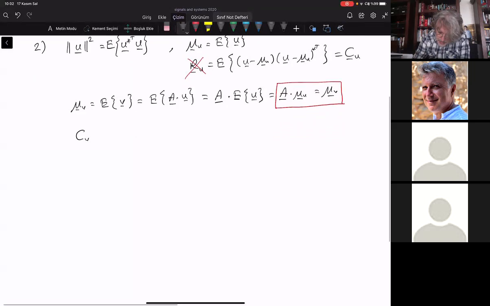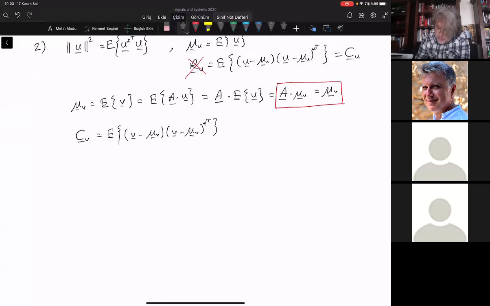So CV, the autocovariance of V, what is that equal to? It is the expected value of, this is going to be a little bit long, but nevertheless it's going to work out, V minus mu V times V minus mu V conjugate transpose.